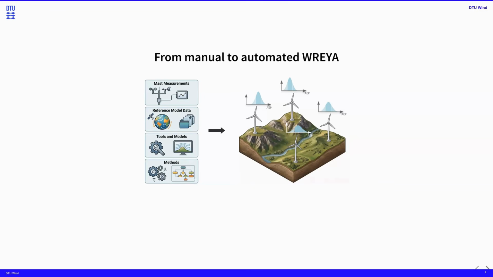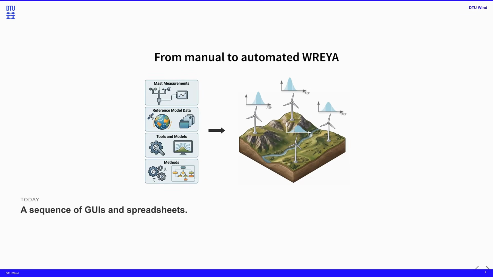And typically, the things you have available to help you with this are measurements from mast and lidar. You have reference model data, like reanalysis data, maybe even mesoscale data or other reference data sets. You have a collection of tools and models, and they have methods. So that's very broadly the WREYA process and the available toolkit.